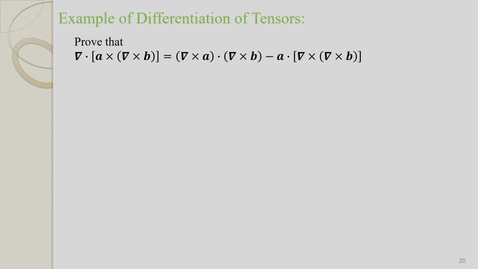Now, we will solve some examples with differentiation of tensors using indicial notation. So first we will solve this problem. So let me start this. So we can write our LHS as the usual indicial notation for divergence, because this quantity is a vector.